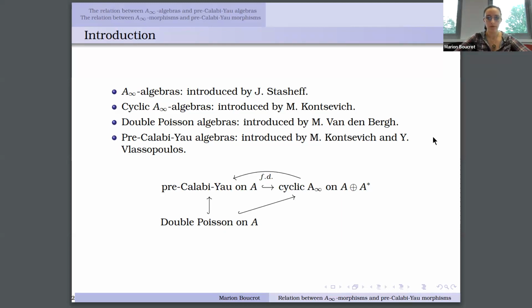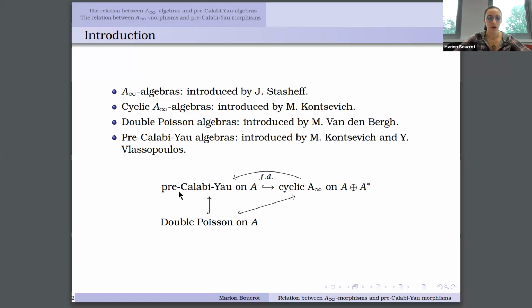So in fact, there is a link between those notions. For example, a double Poisson structure on some graded vector space A is kind of an example of a pre-Calabi-Yau structure on this same vector space A, and also given a double Poisson structure on a graded vector space A, one can produce a cyclic A-infinity structure on the boundary construction A plus A star.